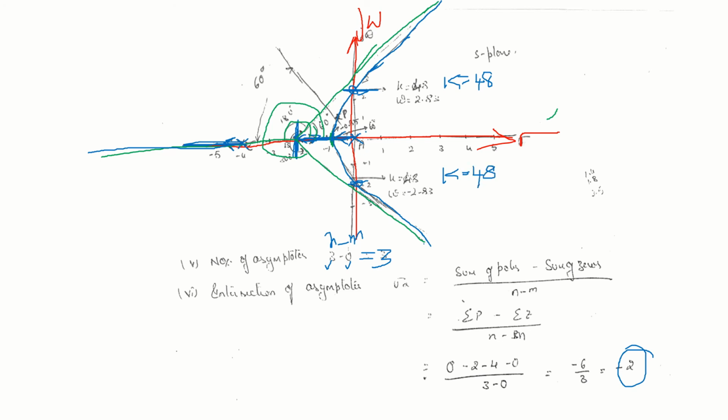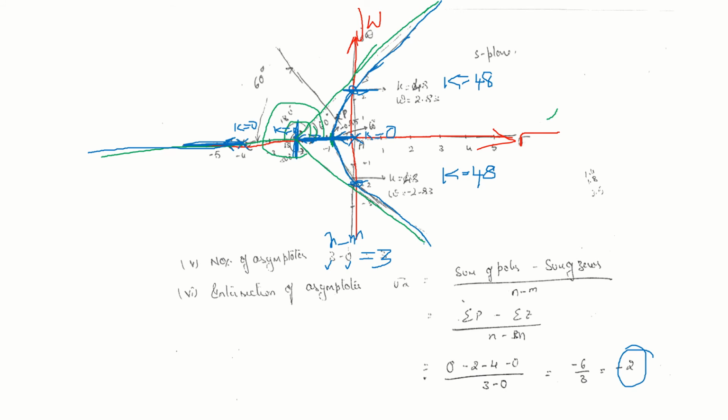Here the k value was 0. Here also the k value was 0. Correct? Here also the k value is 0. Now as I increase the k value, the roots have moved like this. Then one root locus will go like this, and when k is 48 it is here.